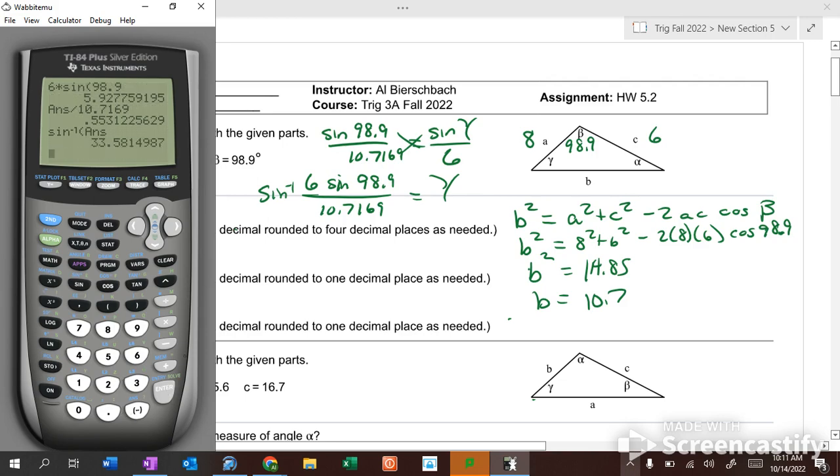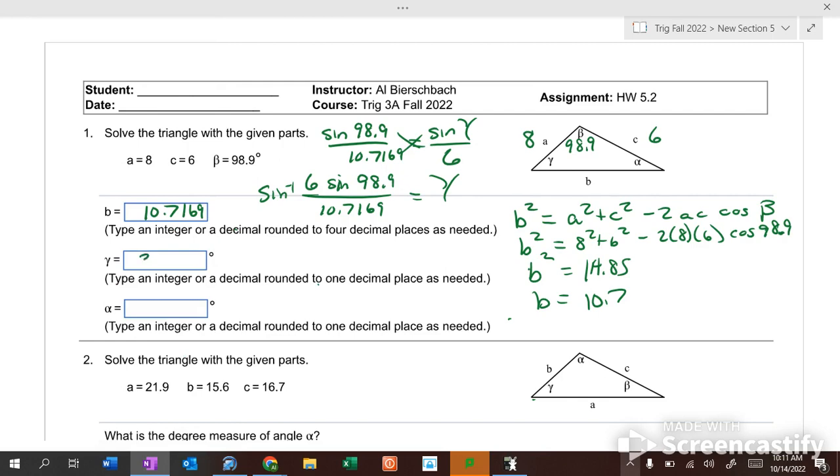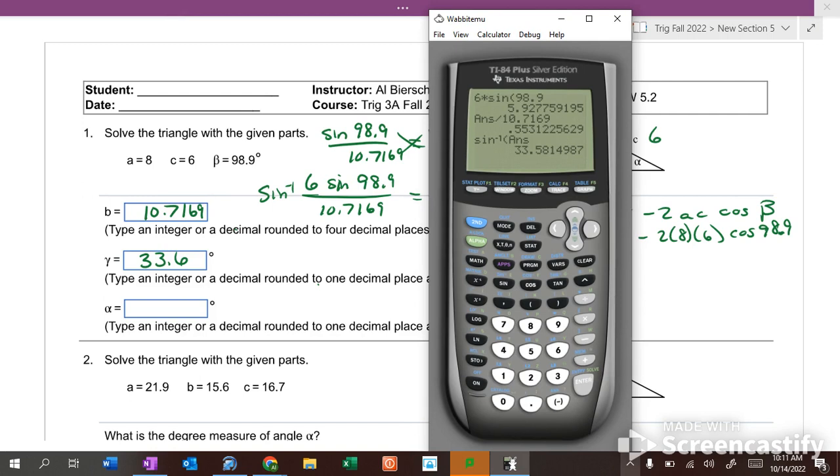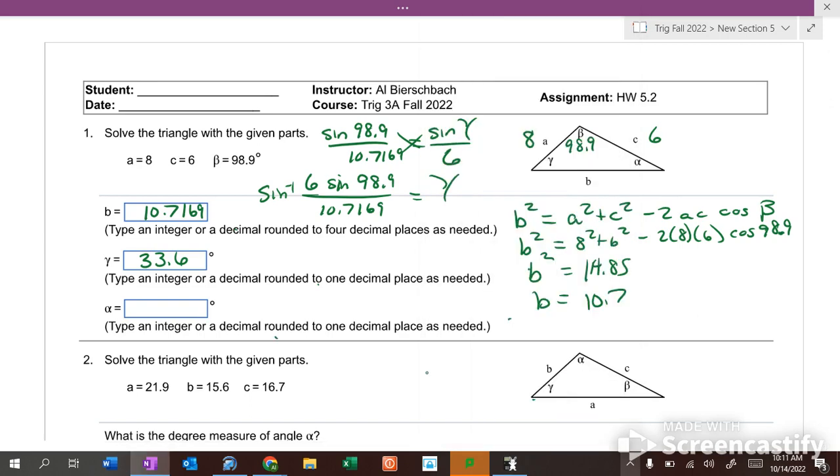Boom. 33.6. So then you go 180 minus 33.6 minus 98.9. And you get 47.5. Okay? Just a few steps to get that.